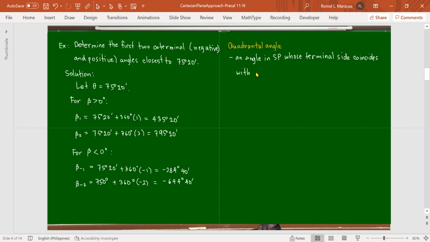With the coordinate axis. So that is either the x-axis or the y-axis, no? Is that right, guys?